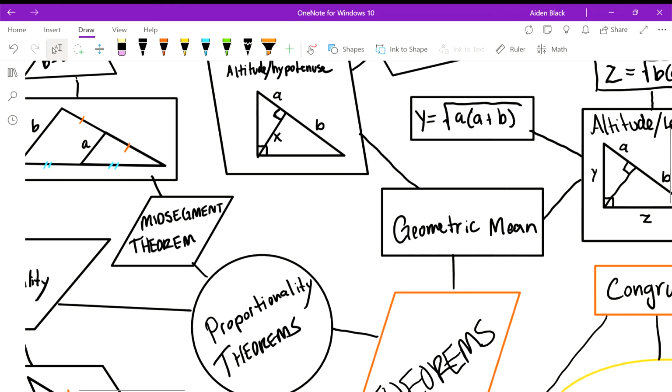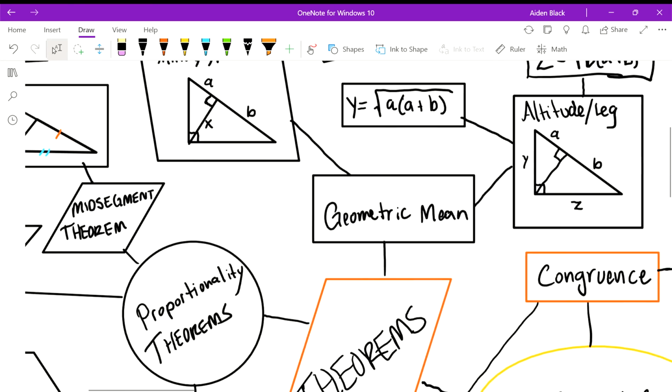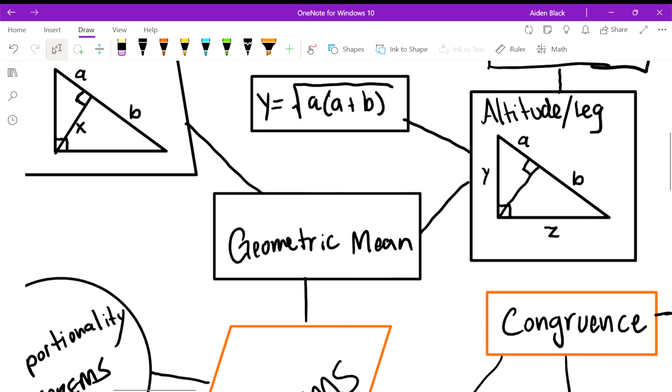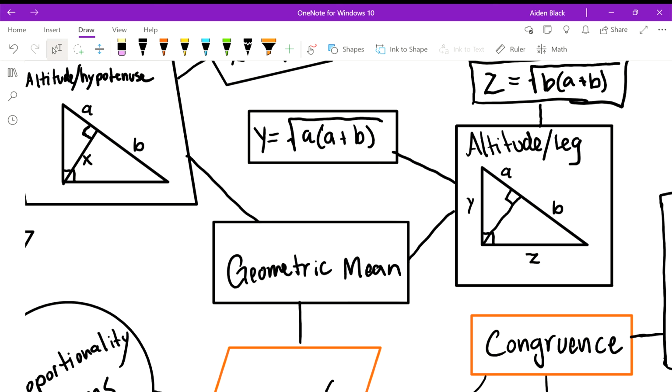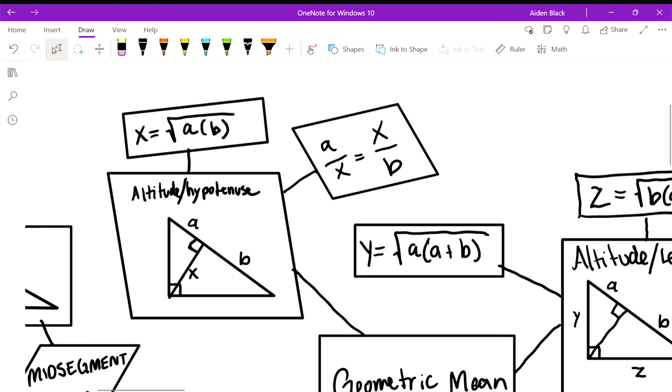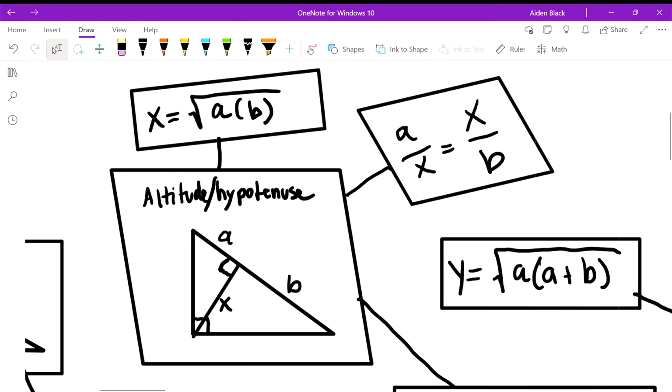Furthermore, with another theorem, we have geometric mean. That seems to be the one people get caught on the most. We first learn the altitude hypotenuse. So if you have a right triangle, that's this one right here, and we construct an altitude, a line going from the vertex of the 90-degree angle and perpendicular to the hypotenuse.